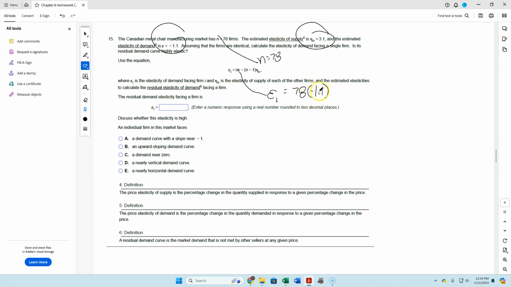So I take the number of firms times the elasticity of demand minus, so now it would be times 77 times the elasticity of supply.